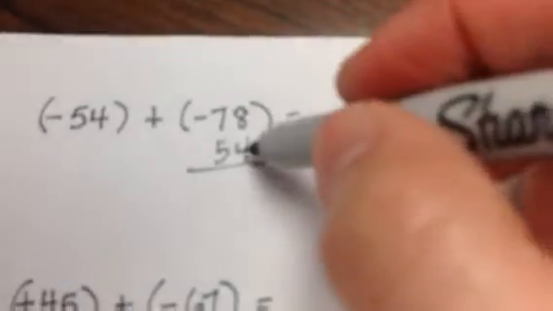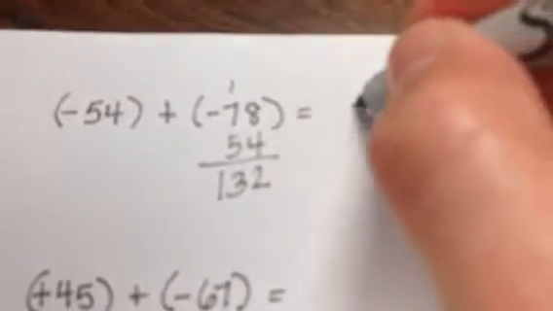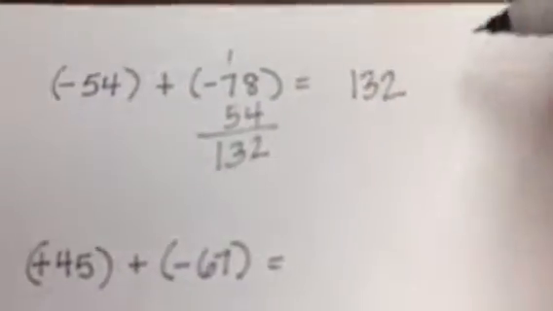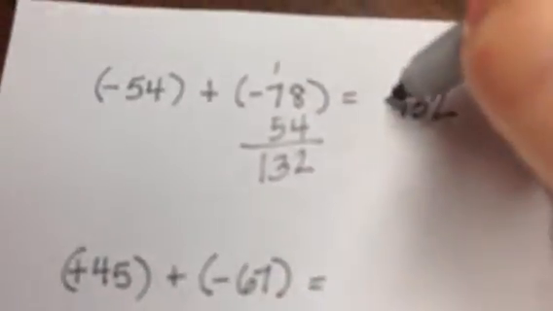So negative 54 plus negative 78, well, I like to do my math vertically, so I'm going to do it like that. 8 and 4 is 12, and 7 and 5 is 12, plus 1 is 13, so it's going to be 132. Is it going to be negative or positive? Well, it's going to be negative. I got negative here, negative there, means negative here.